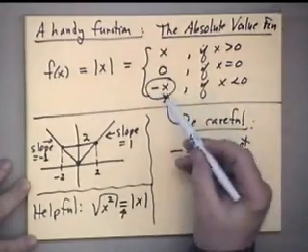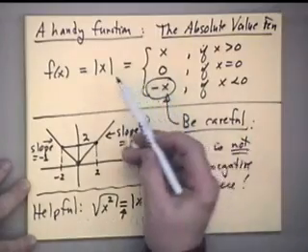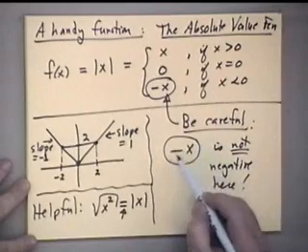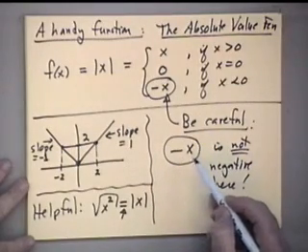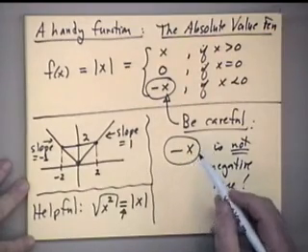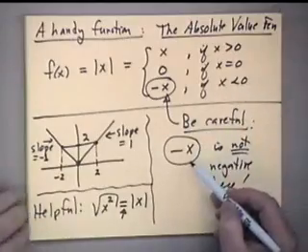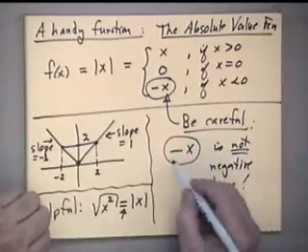X is negative, so minus x is in fact positive, which is what the absolute value should produce. In general, when you see a negative in front of a variable expression, you have no idea whether that expression is positive or whether it's negative. You have to know something about the variable. In this case, we do. But in most cases, you should find out before you assume that this is a negative number.